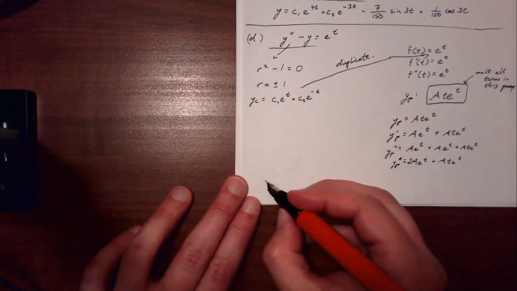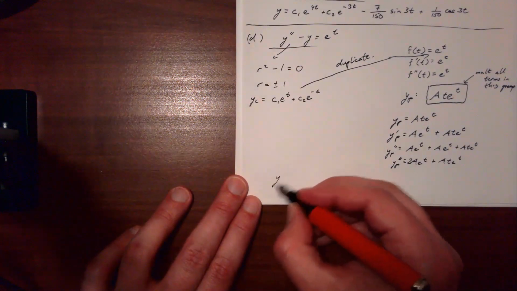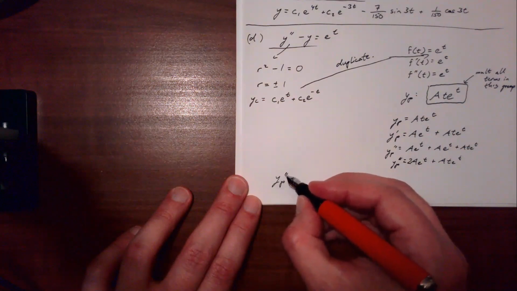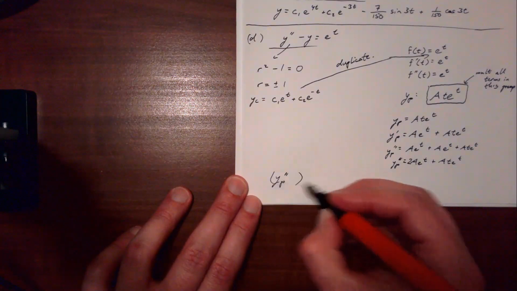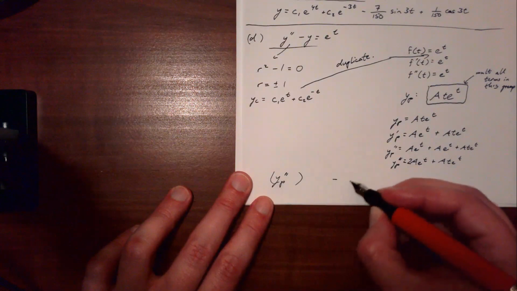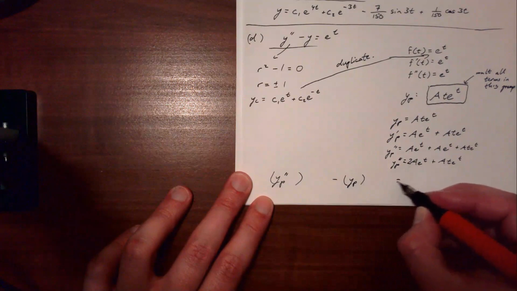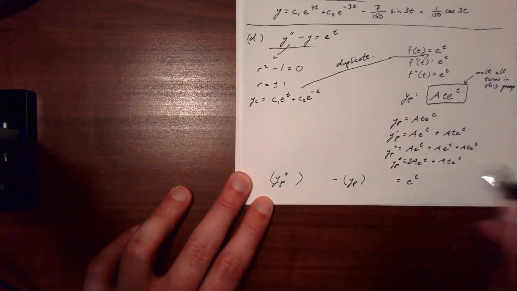Which then, if we look back at the original equation, our yp double prime minus our yp, the zeroth derivative, is equal to e to the t.